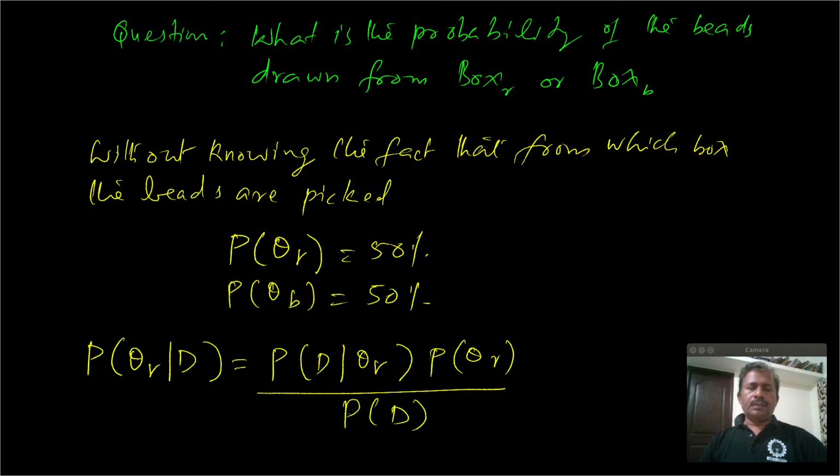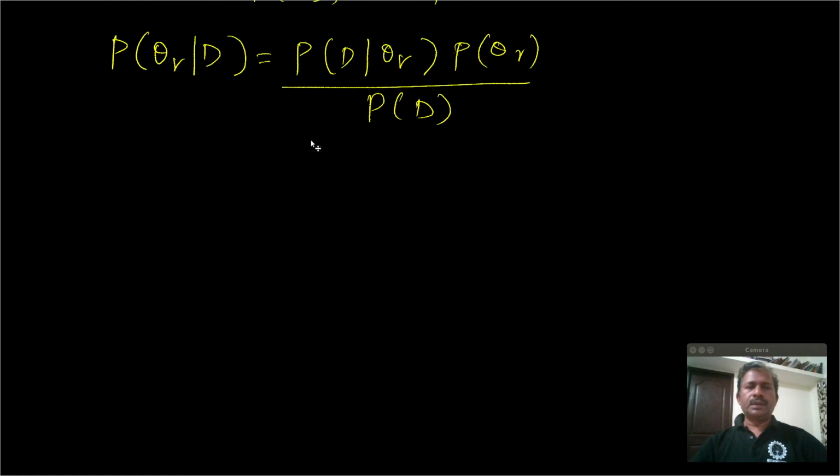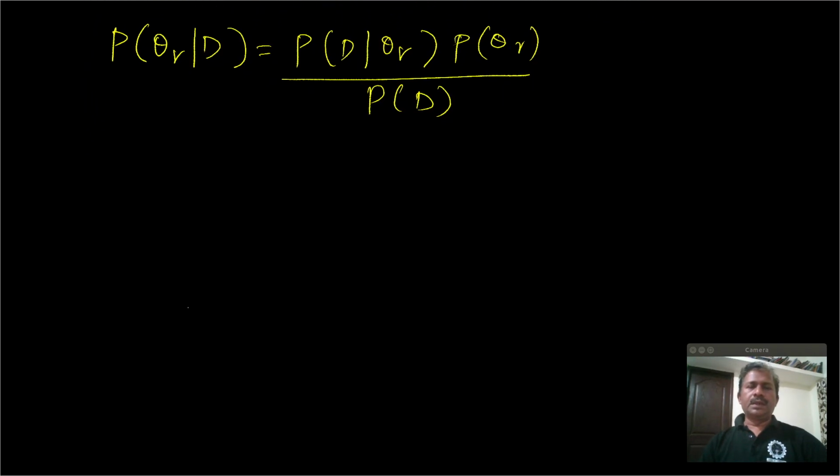So what is the data? The data is that I have observed 3 white beads in a row.